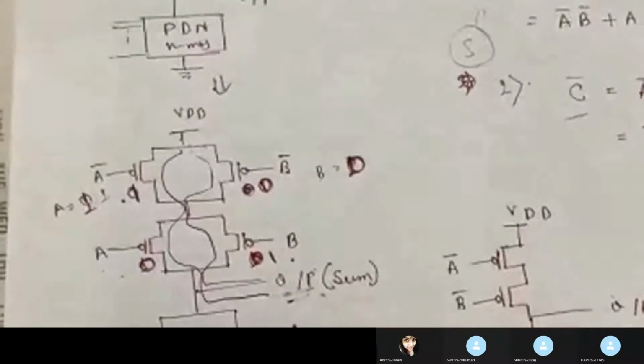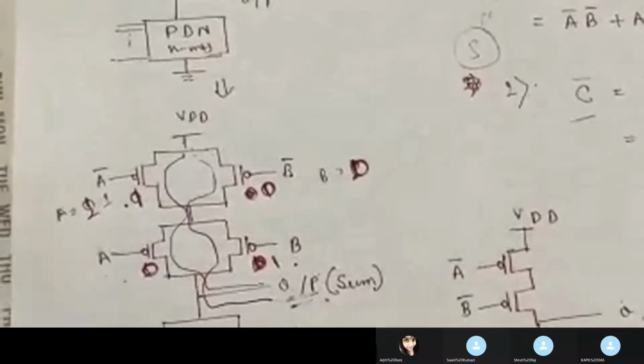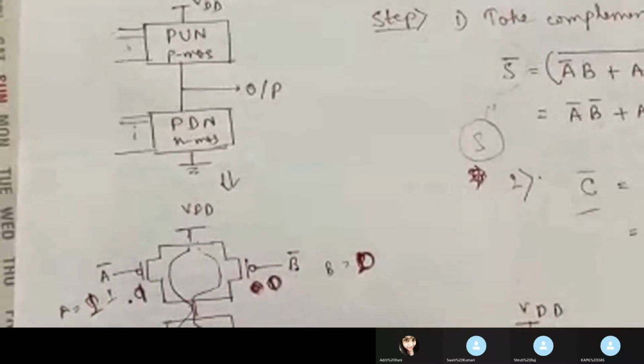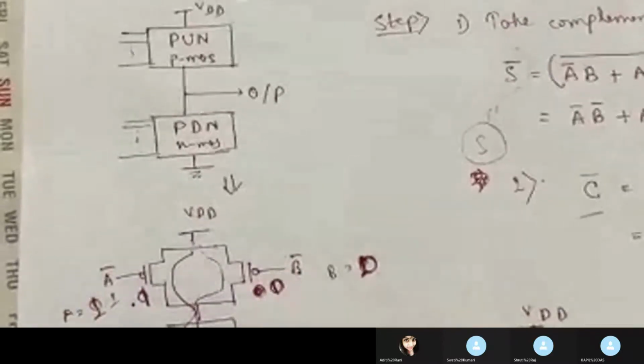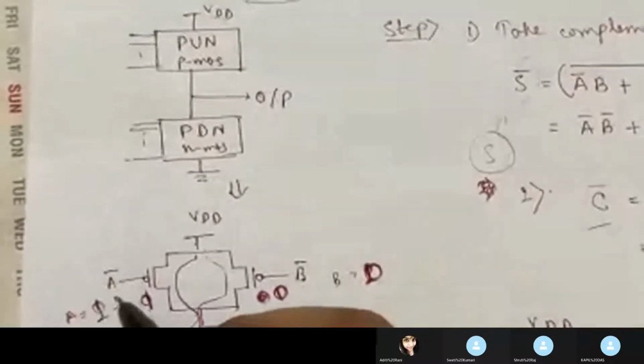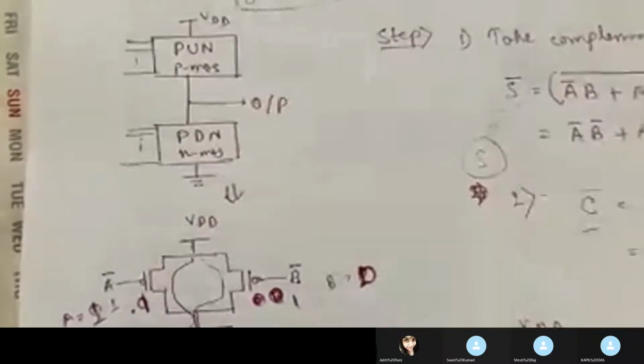And for the last case, it is 1 1. 1 1 means A and B both are 1. This is also 1, this is also 1, right? Both are 1 means both are 0. And for the upper case, B is 1, it will become 0. A is 1, it will become 0. So A is 1, it will become 0, it will become 1, and here it will become again 1.